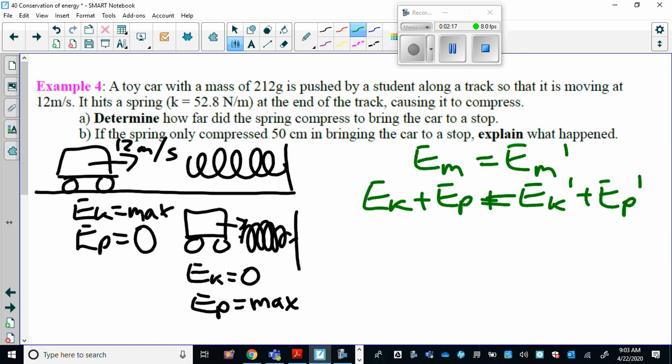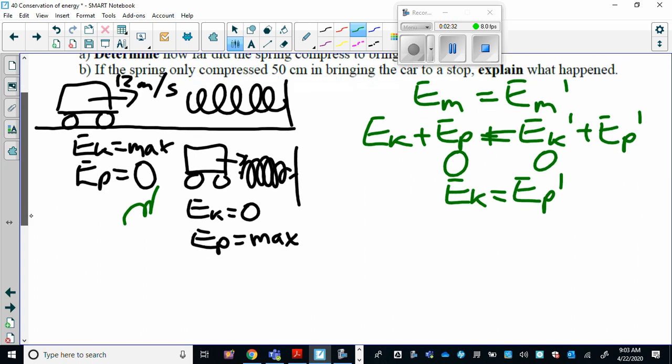And because we've done this little diagram right over here, we know that this is zero and this is zero, and therefore we get EK equals EP prime.